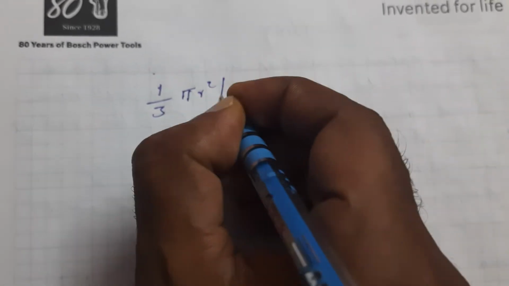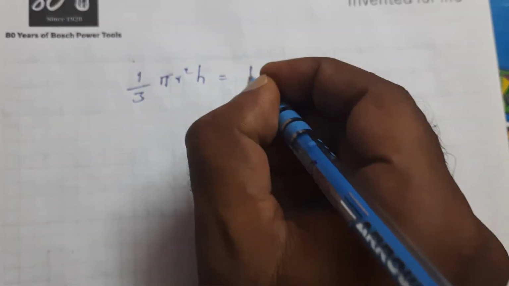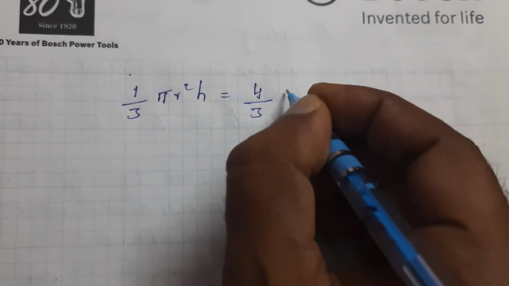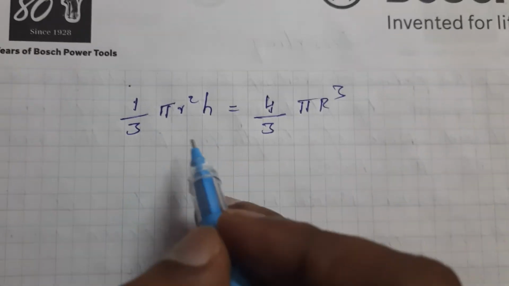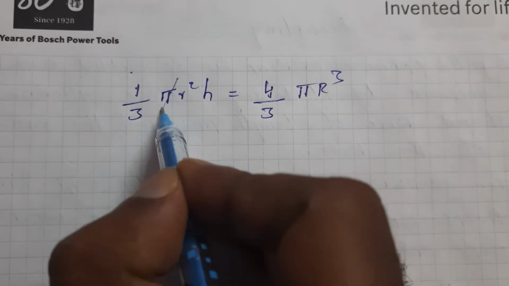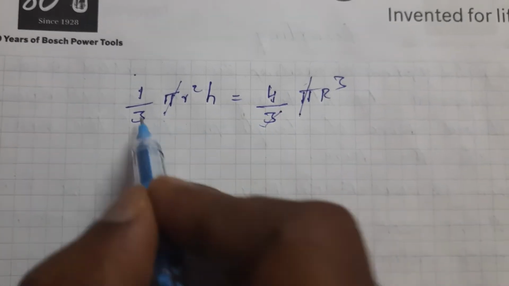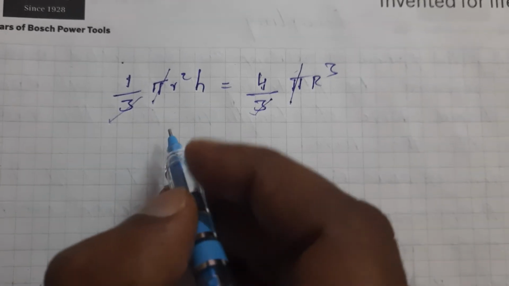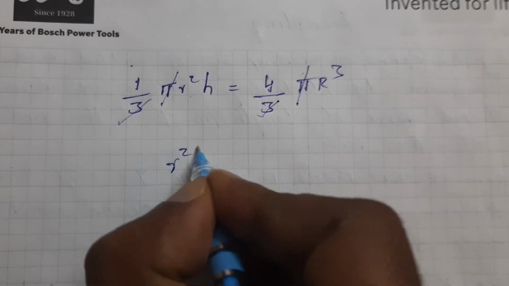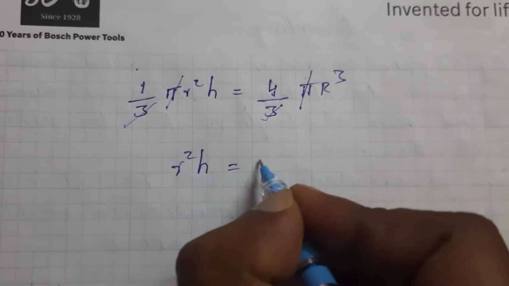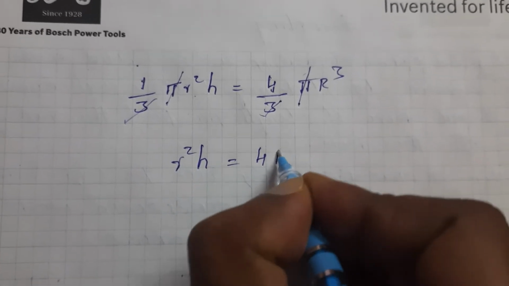By r square h is equal to 4/3 pi r cube. Okay, I cancelled out the beginning, that is pi get cancelled, 3 get cancelled. Now write the remaining, that is r square h is equal to 4 r cube.